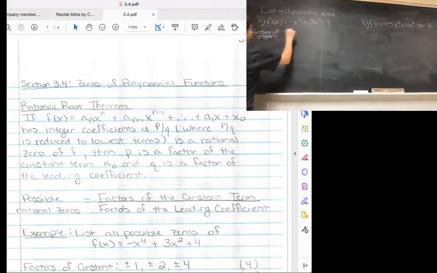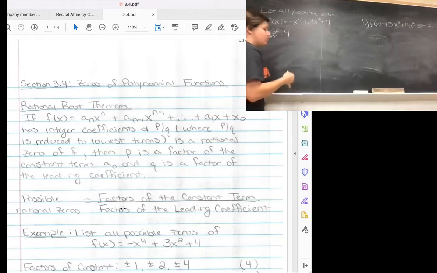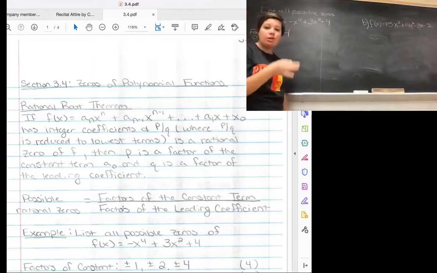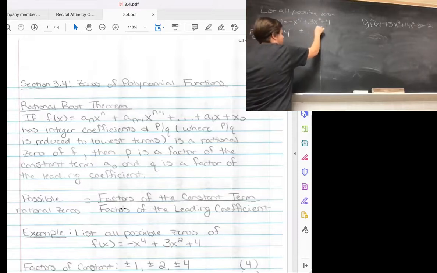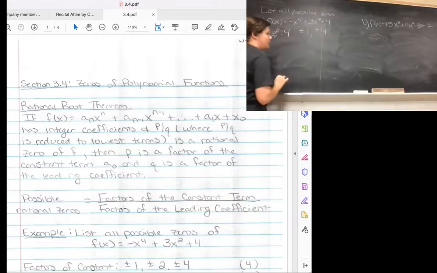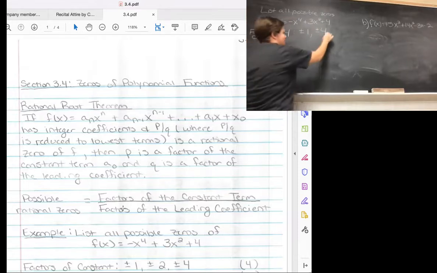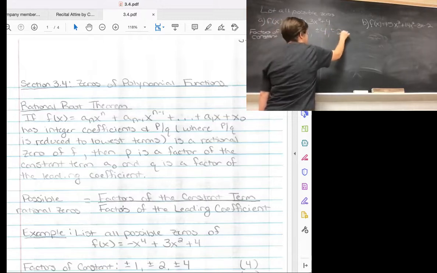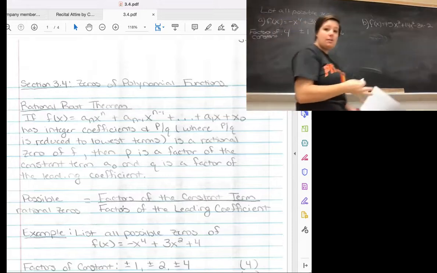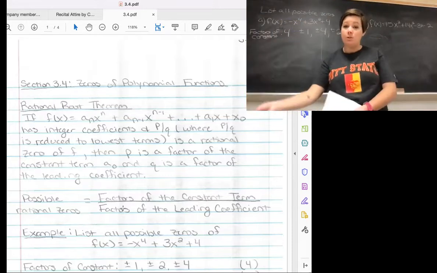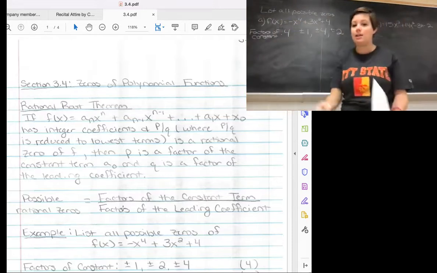So the way we always write these whenever we're coming up with all these possibles is once you find one factor, you're going to put plus or minus. So it's not just 1, it's plus or minus 1. And it's not just 4, it's plus or minus 4. And it's not just 2, because 2 times 2 equals 4, but it's plus or minus 2. That's because the positives times positives will give you positive, and the negative times negatives will give you positive.